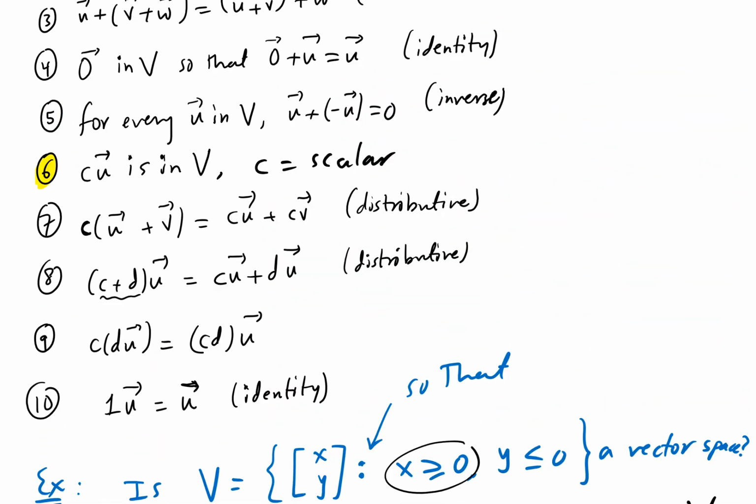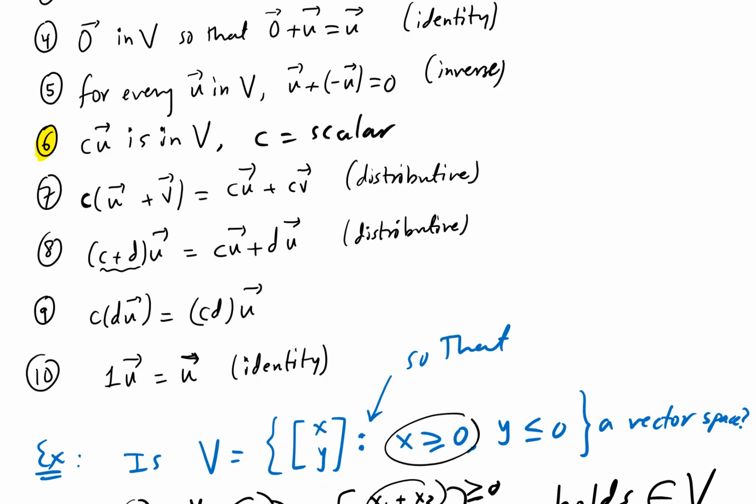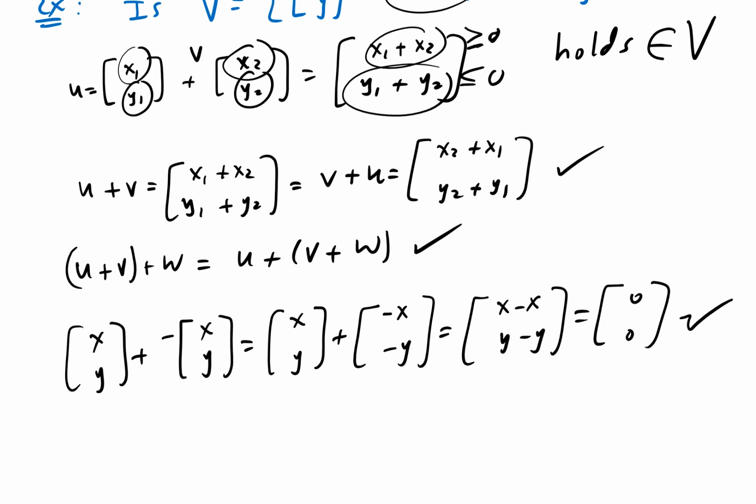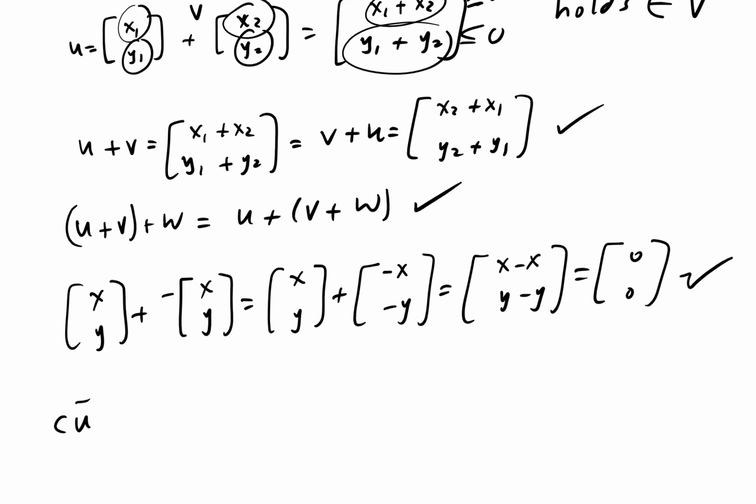How about 6? C times u is in V. Is that true? So C times u, is this in V? What is C? C is a scalar, any real number. Well, it could be -1, right? Someone said it could be -1.